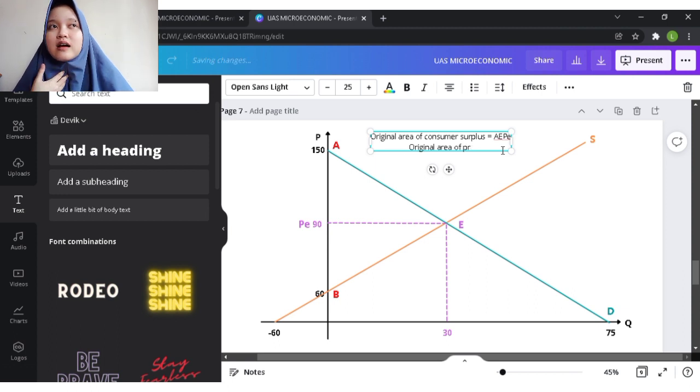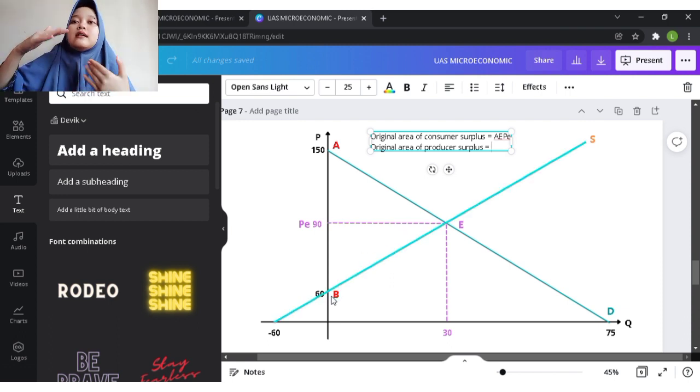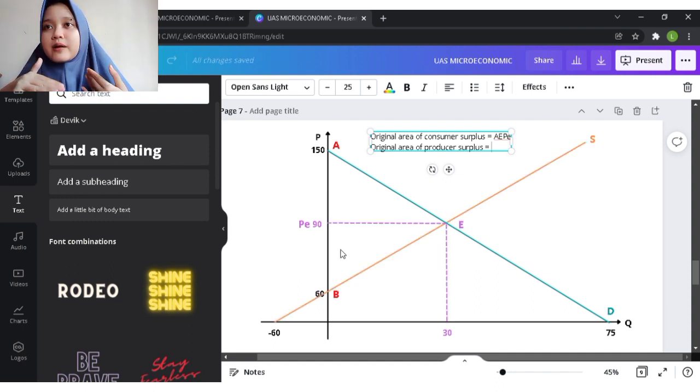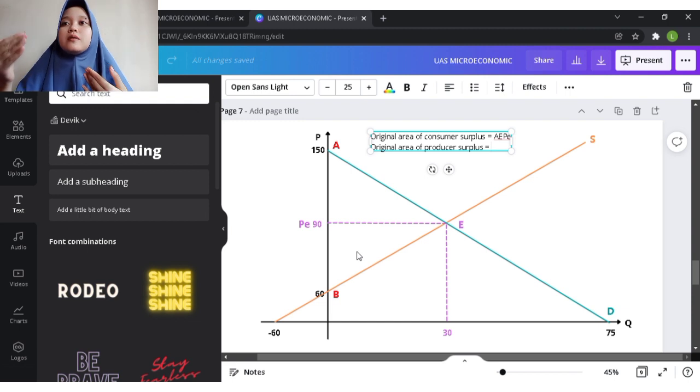So if I, as the seller of es cendol, can sell my es cendol at $80, let's say, but the other sellers in the market sell it at $90, I experience producer surplus. In this case, producer surplus is below the line of price and above the line of supply. So the area of producer surplus is PE, E, and B.